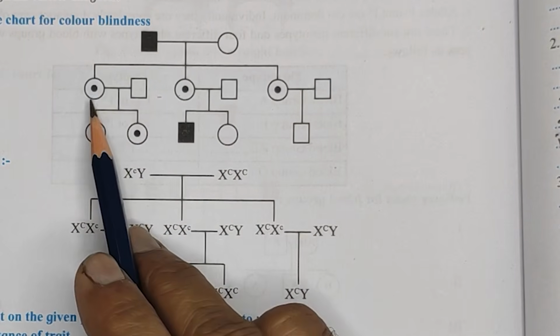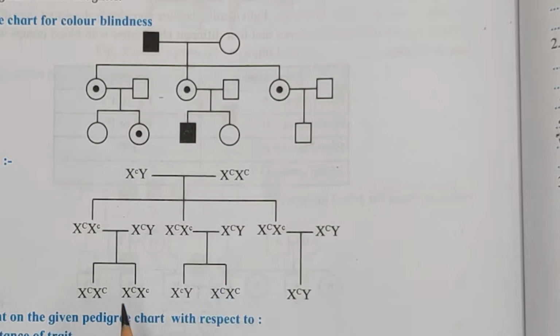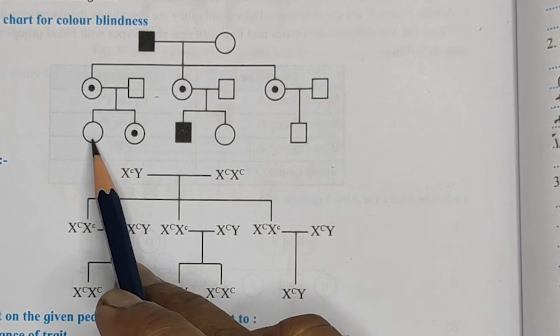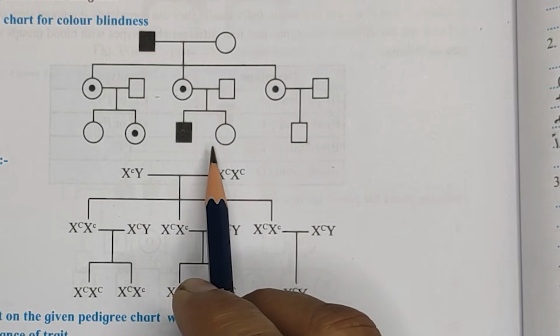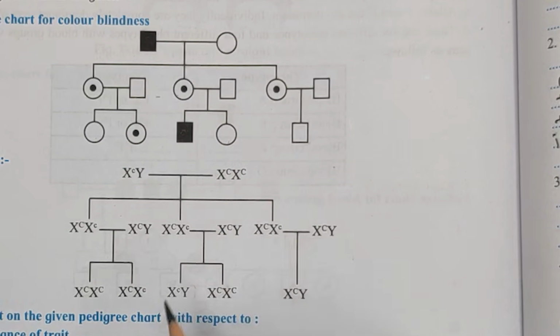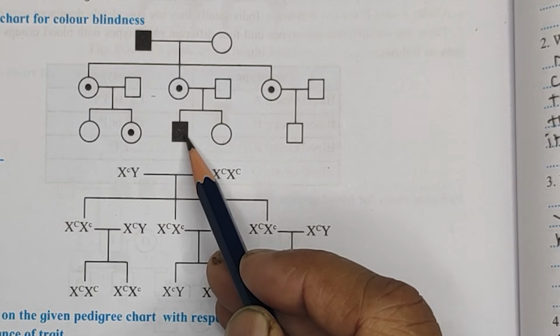The progenies are 1, 2, 3, 4, 5, 6, 7 and 8. 8 progenies are there. Of which how many are normal? 1, 2 and 3, so 3 progenies are normal. And the affected ones? You got only a single affected one.